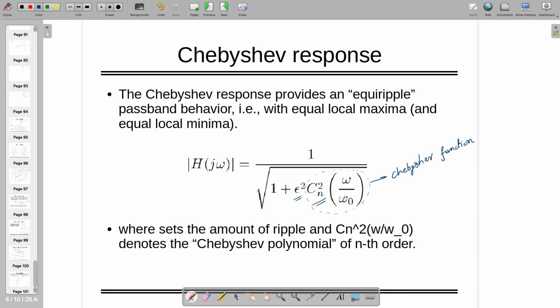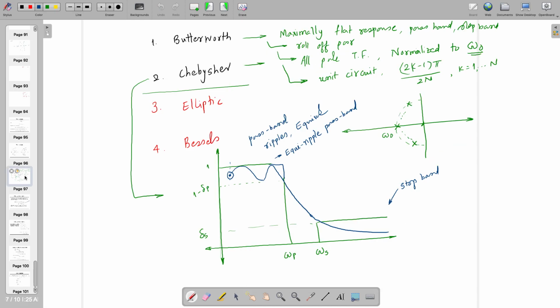Omega 0 is the 3 dB frequency. However, in this case, unlike the Butterworth filter, you are not going to see that it passes only through 3 dB. It may be passing through a different value, but it will be passing through 1 minus delta p, and that delta p is not equal to 3 dB. 3 dB might be somewhere else, right?